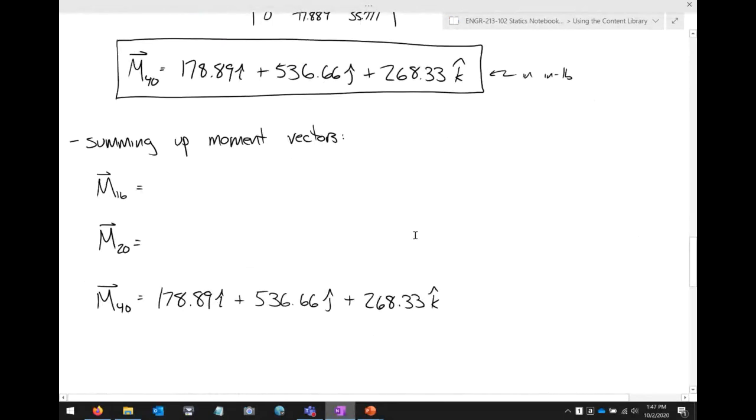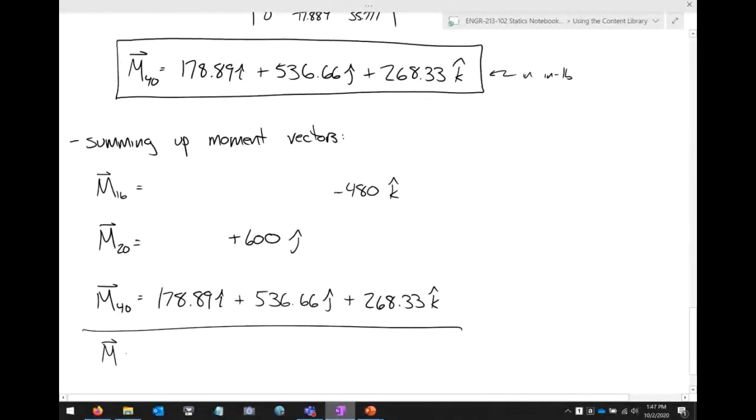No problem. Now M20 is 600J, so I'm going to put that here. And then M16 was minus 480K. And so if I sum up all these moments, I'm going to get M is, let's see, 178.89I.